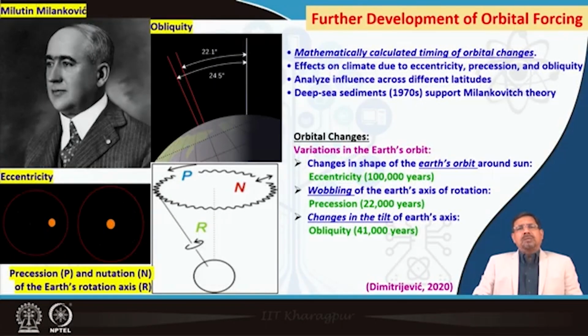In terms of the orbital changes, the first one is changes in the shape of the Earth's orbit around the Sun, which is explained by the term eccentricity.